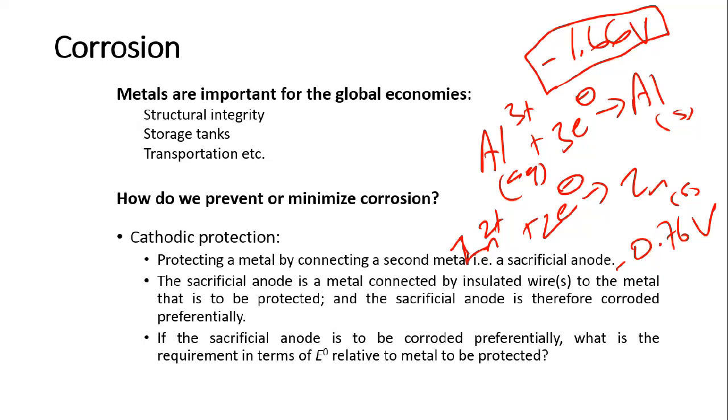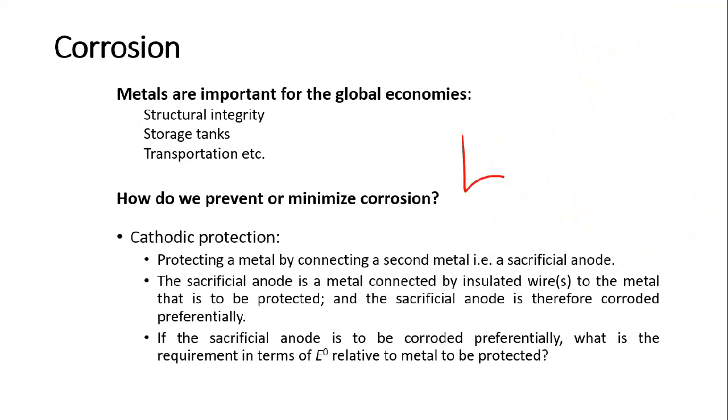In other words, if these two metals are competing for being oxidized, the aluminum will be oxidized, right? Before the zinc will ever get a chance to be oxidized. In other words, if we have these two metals, zinc and we have aluminum.